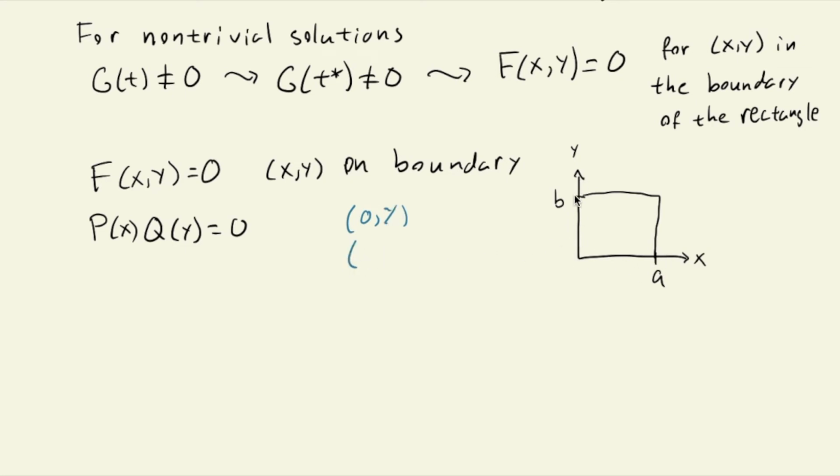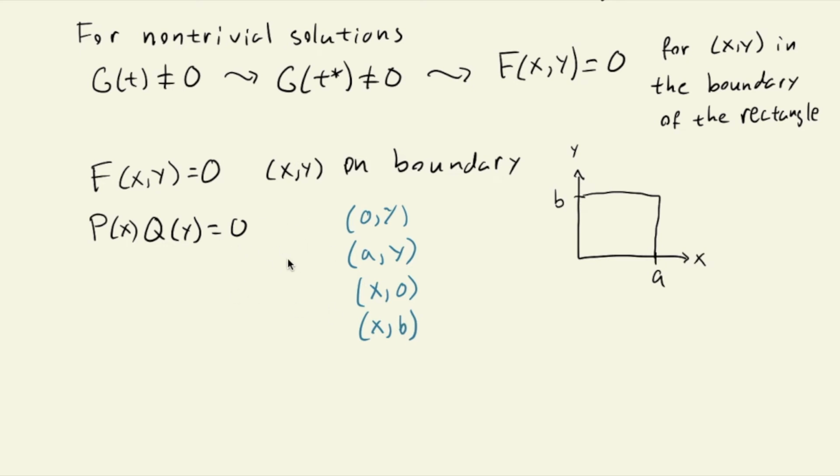So that gives you this left side. The right side is when x is equal to a, y can be anything. The bottom is when y is equal to 0, x can be anything. And the top is when y is equal to b and x can be anything.